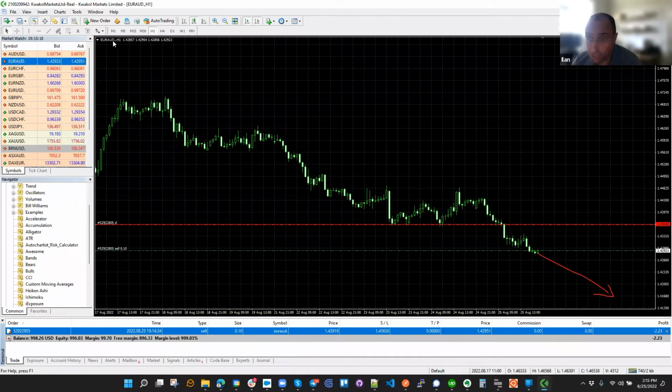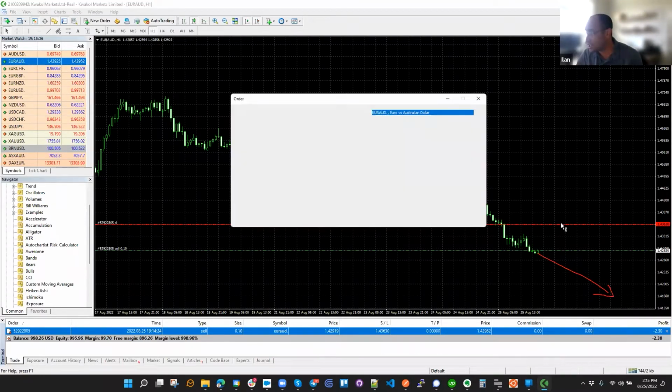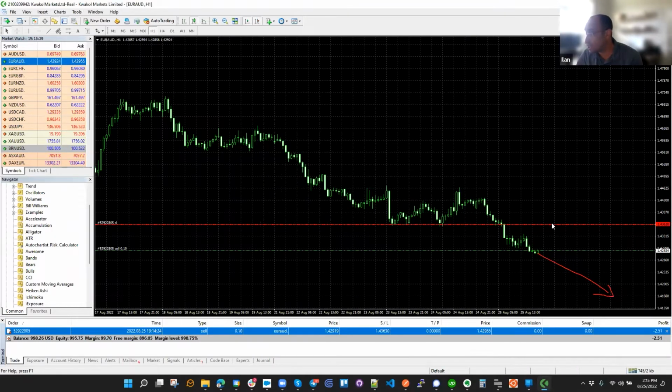Okay, so you don't actually understand how much money you're actually risking on this trade. Okay, and so there's this fallacy in these markets, especially in the FX market, that if you want to reduce your risk, you need to move your stop loss closer. Okay, so I'm going to now take my stop loss and I'm going to move it closer, right?